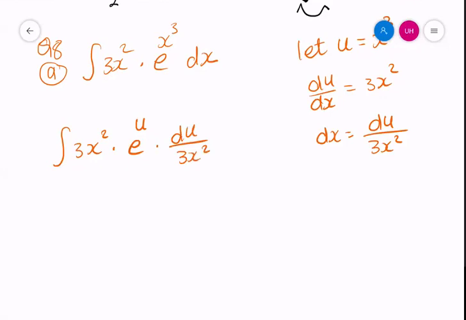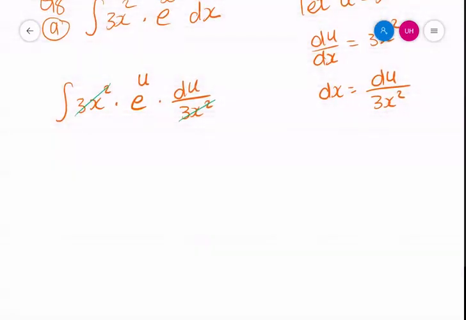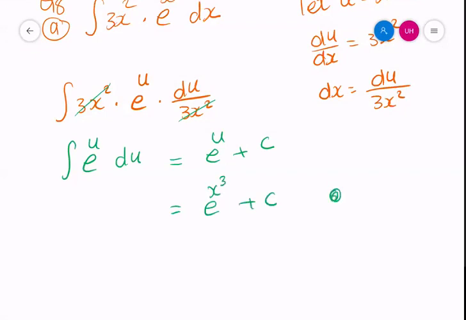And we can cancel things out, so 3x squared cancels with the 3x squared here, and we end up with the integral of e to the power u du. And the integration of e to the power u is e to the power u, so it's e to the power u plus c, and then we return u to its original value, x to the power 3, and therefore the answer is e to the power x cubed plus c, and that's it.